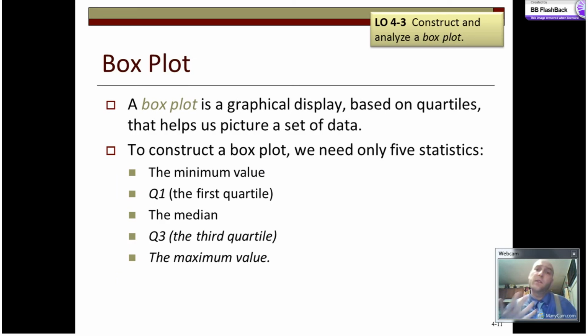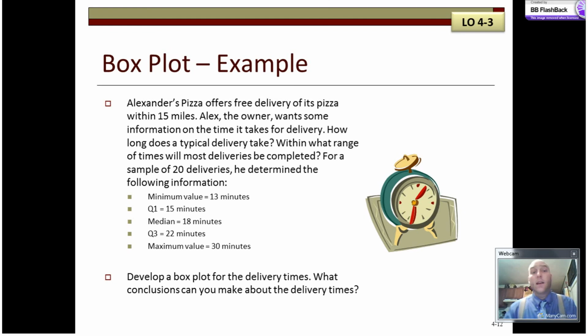We can use our first quartile, our median, and our third quartile, along with our minimum and maximum values to construct a box plot. It gives us 5 points along our data set that cut it into 4 equally sized pieces. For example, Alexander's Pizza offers free delivery of its pizza within 15 miles.